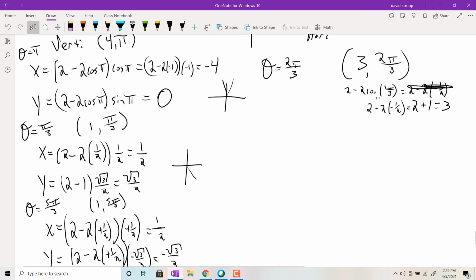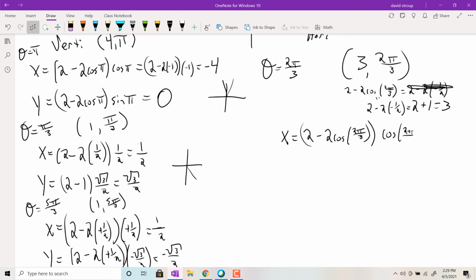And then let's get the xy coordinates if that's what you need. So x is 2 minus 2 cosine of 2 pi over 3, times the cosine of 2 pi over 3.